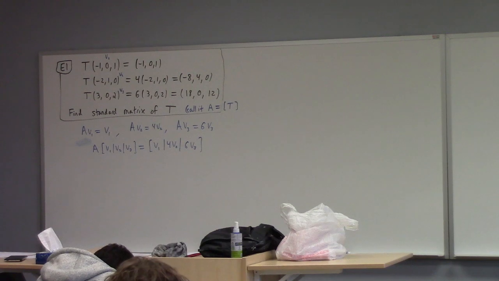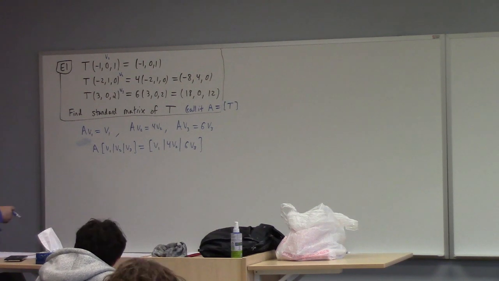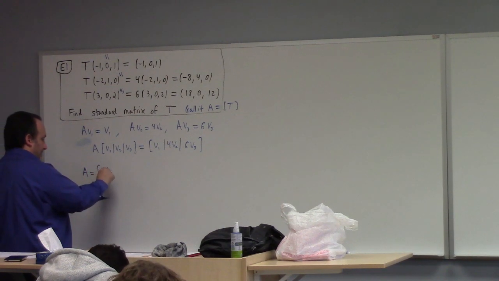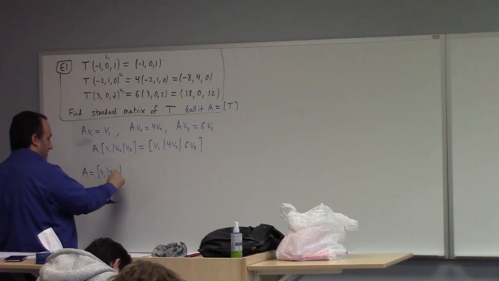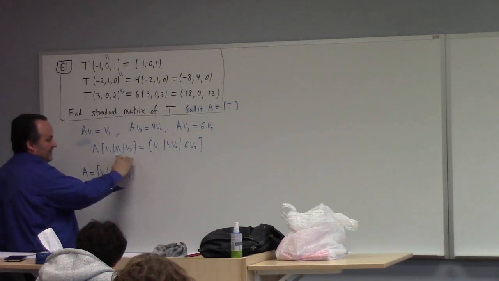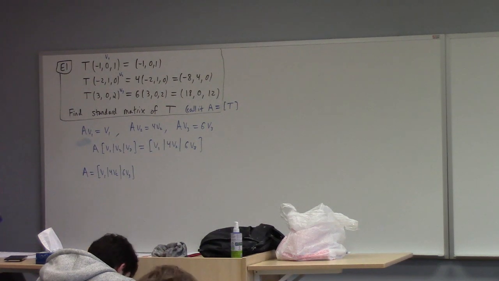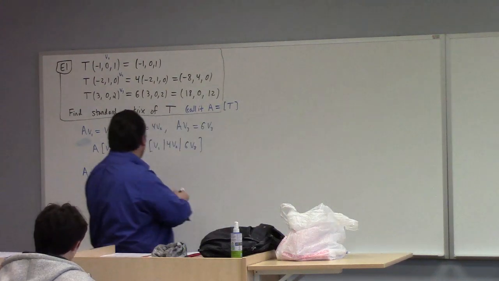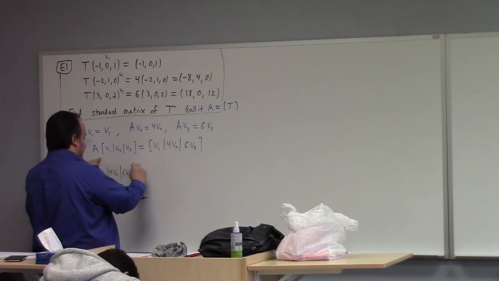And so we could solve for A. What would A be equal to? We should just multiply by the inverse of that matrix on both sides. So multiply this by the inverse of this matrix, whatever that is.